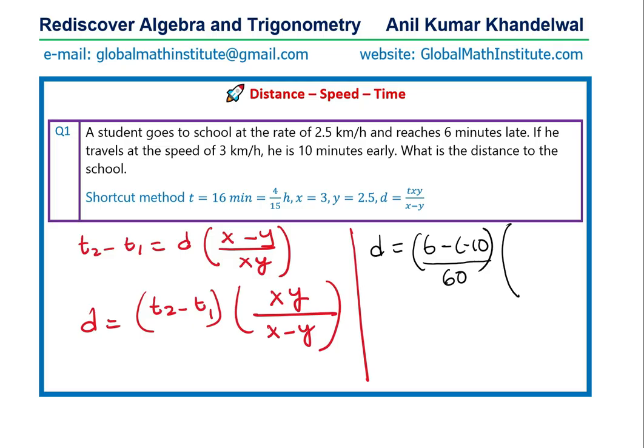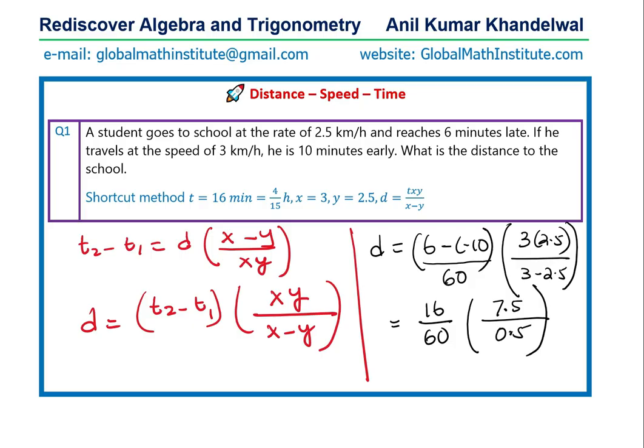As far as the speeds are concerned, we'll multiply 3 and 2.5, and divide by 3 minus 2.5. Correct? So we should get the distance, which is 16 over 60 times 3 times 2.5, which is 7.5, over 0.5. Correct? Which you can now simplify as 75 over 5.